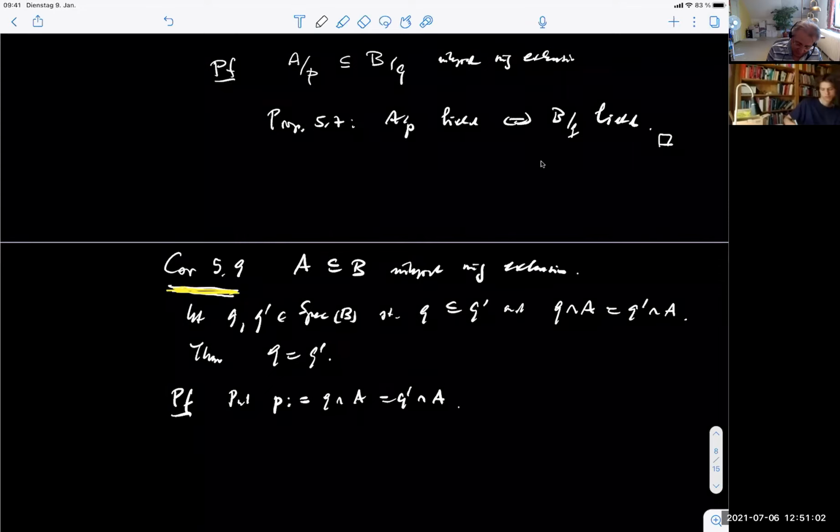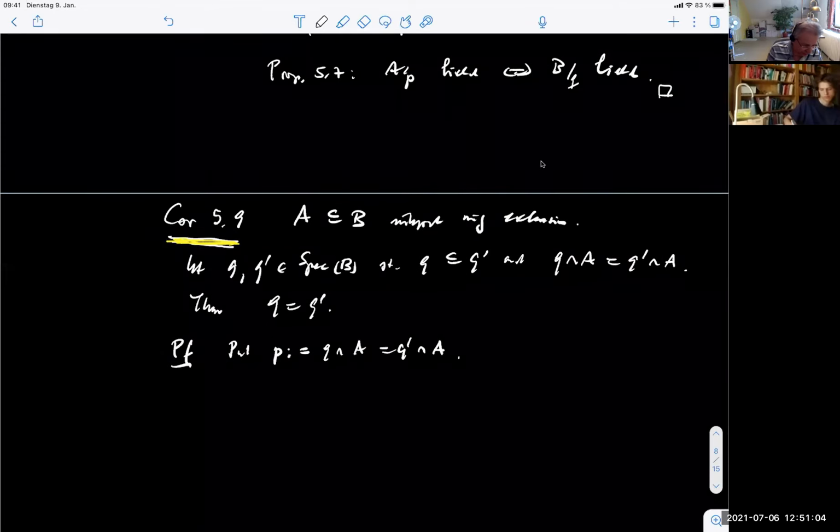Then I look at the multiplicative set A minus P, and I look at the localization.